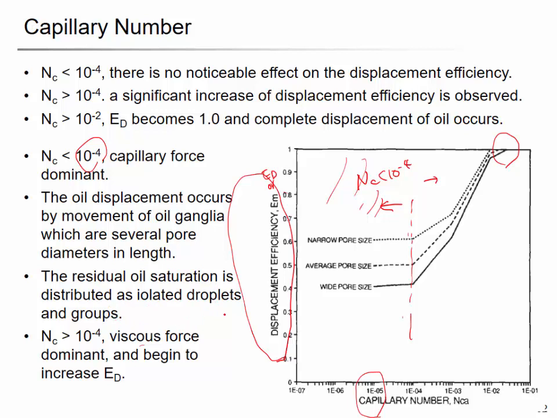So in this region, if we imagine a rock core, and the oil is moving as a droplet. This is oil. When you flush it with water, like this, if some oil is trapped here, then it will be presented as an isolated droplet.